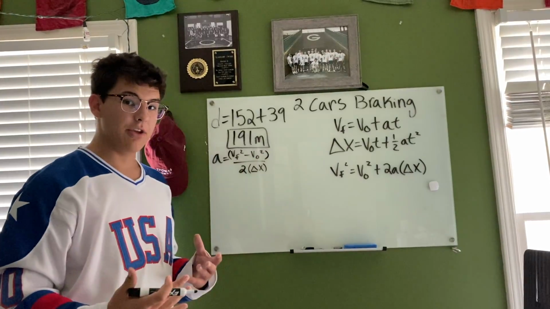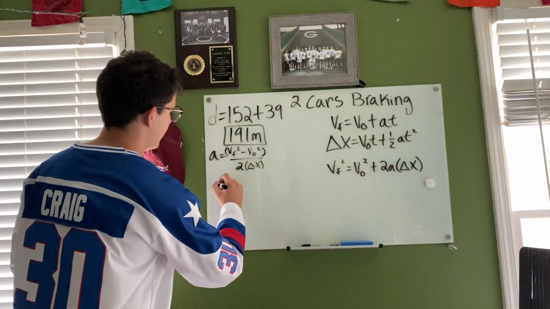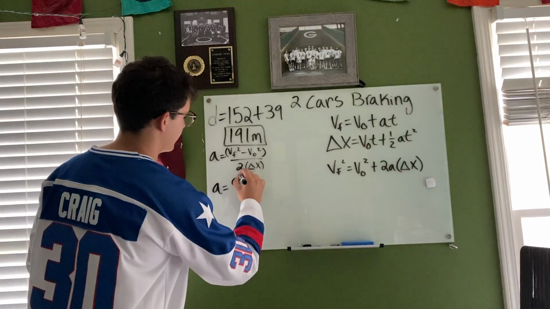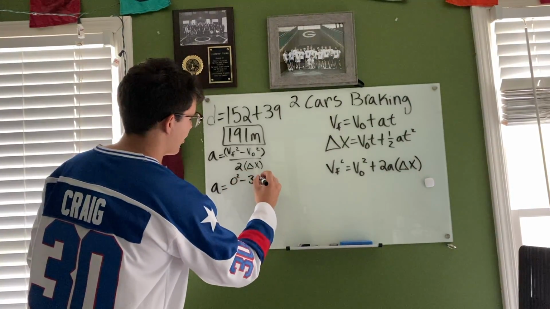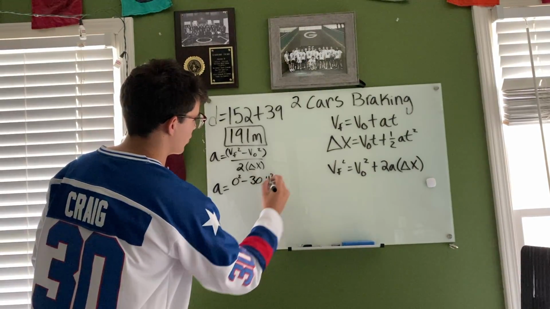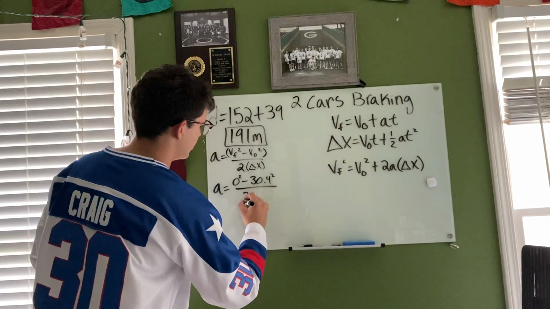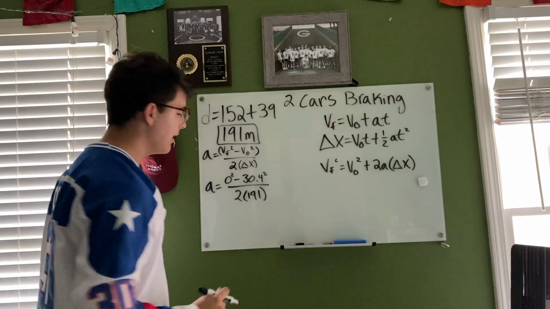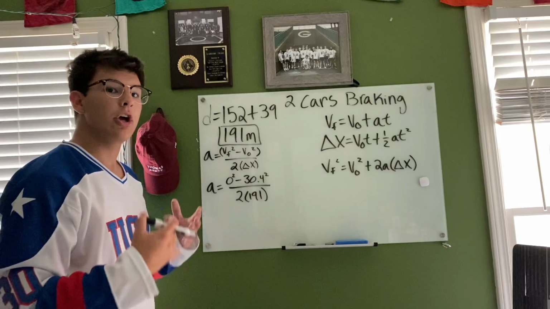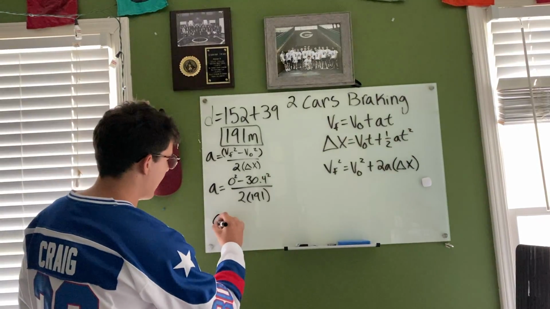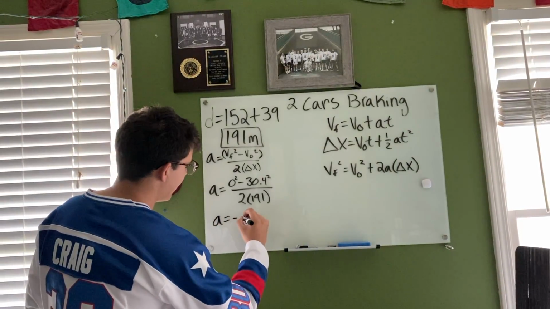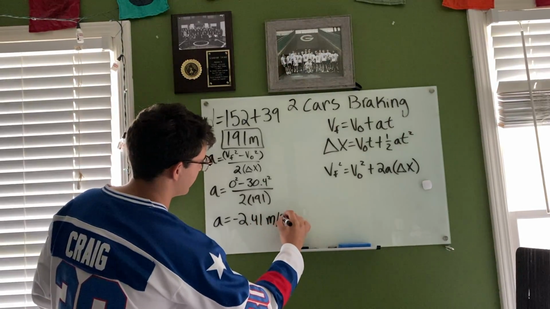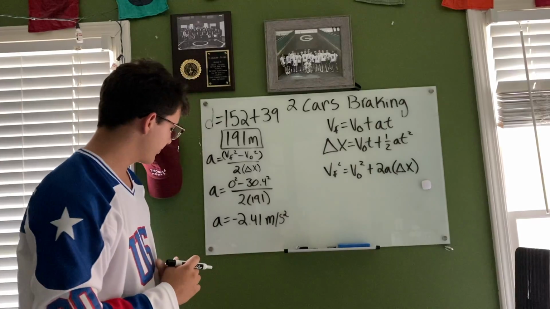Now if we plug in our values for this equation, we can see that A is equal to 0 squared minus 30.4 squared over 2 times 191, okay? And if we plug this into our calculator, we get the total of A is going to equal negative 2.41 meters per second squared.